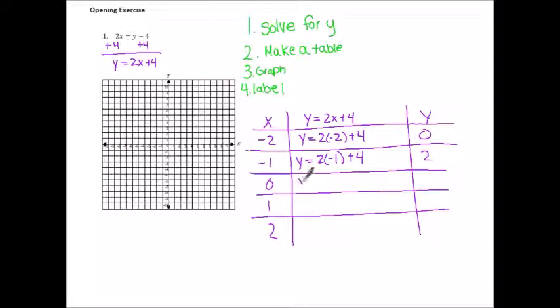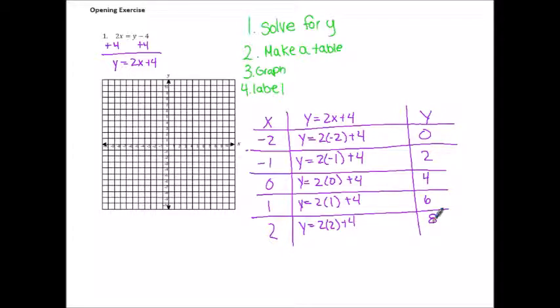Then we get y equals 2 times 0 plus 4, which is just 4. Then y equals 2 times 1 plus 4, which is 6. And then y equals 2 times 2 plus 4, which gives us 8. Now that we made our table, we have our x and y values, so we can put these into points.